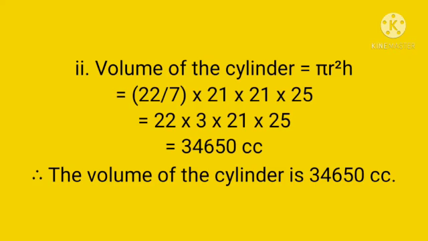So, volume of the cylinder is equal to pi r square h. Let us substitute the values. So, volume of the cylinder is equal to 22 upon 7 multiplied by 21 multiplied by 21 multiplied by 25, which is equal to 22 multiplied by 3 multiplied by 21 multiplied by 25, which is equal to 34,650 cubic centimeters. Therefore, the volume of the cylinder is 34,650 cubic centimeters.